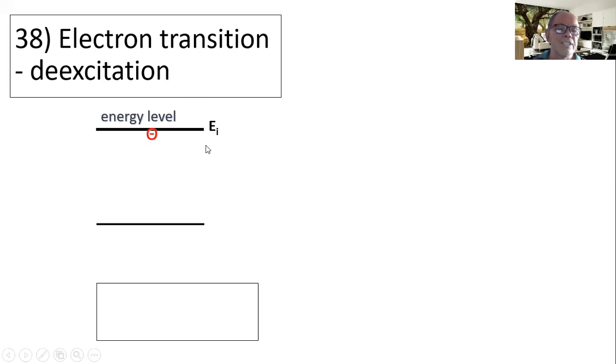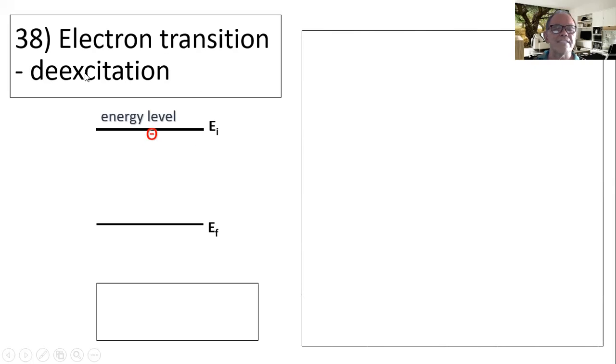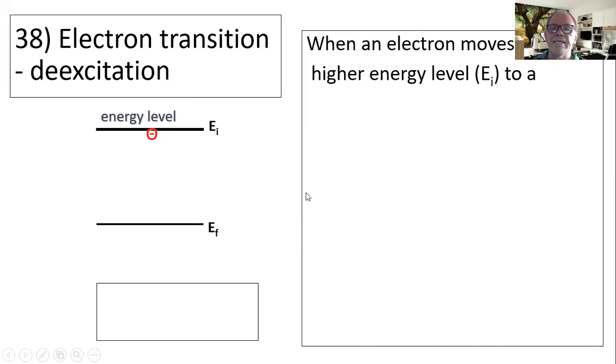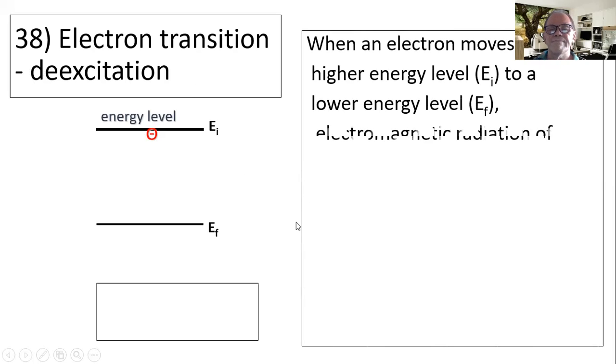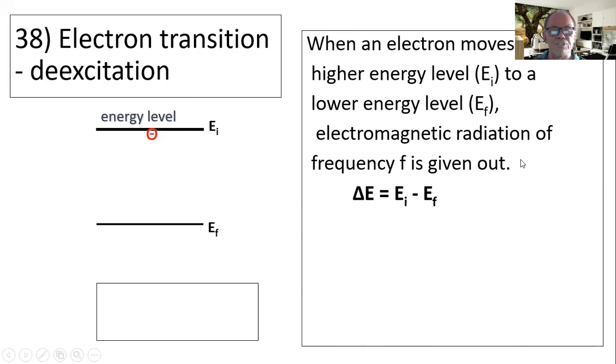That's the initial energy level, and this is the final energy level. This electron in the initial energy level, we call the excitation. When an electron moves from a higher energy level, Ei, to a lower energy level, Ef, electromagnetic radiation of frequency f is given out. We are just repeating.